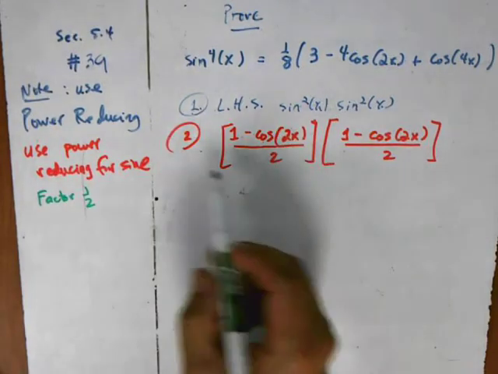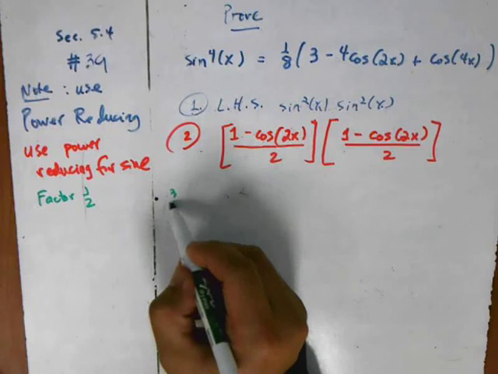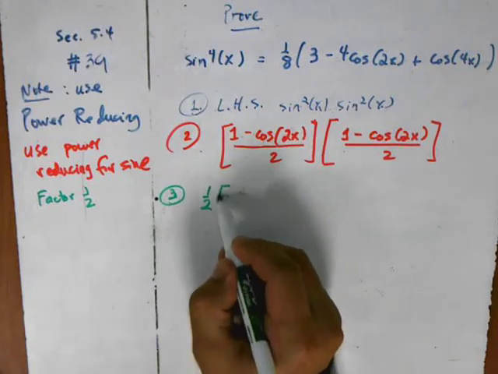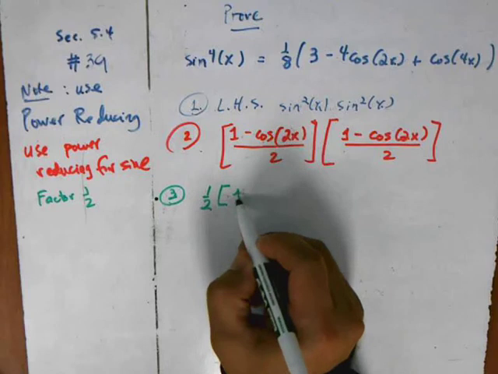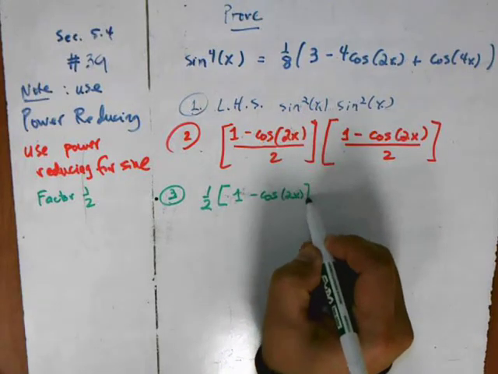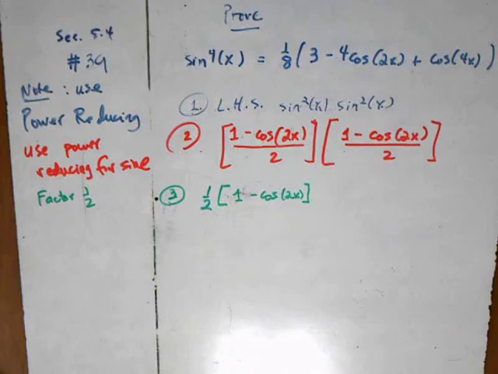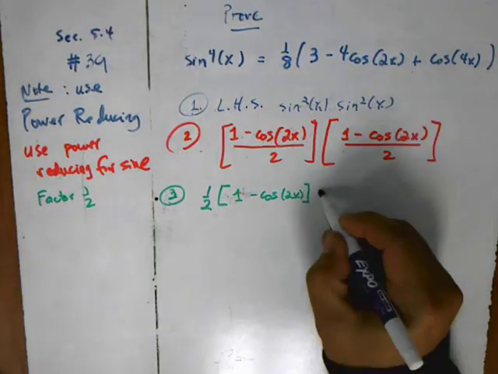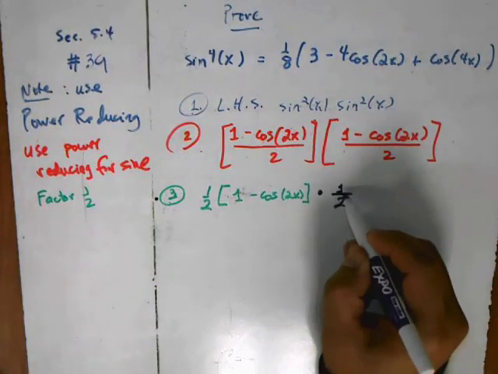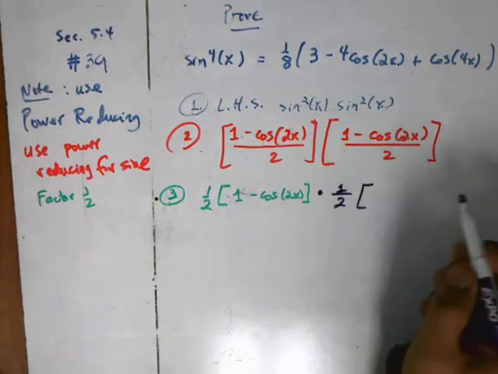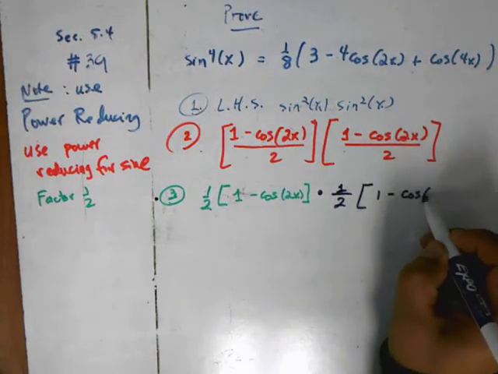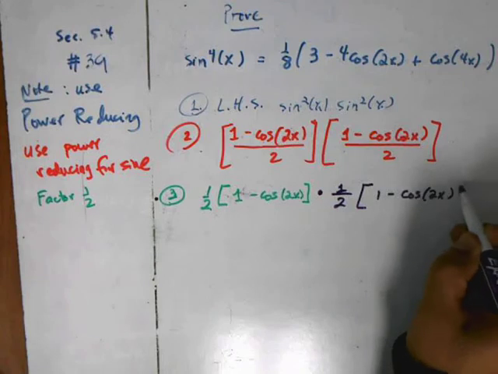I'm going to pull 1/2 out of this first block here, and what I'm going to be left with is just 1 minus cosine 2x times, I'm going to factor out 1/2 from the second block, doing basically the exact same thing. I get 1 minus cosine 2x.